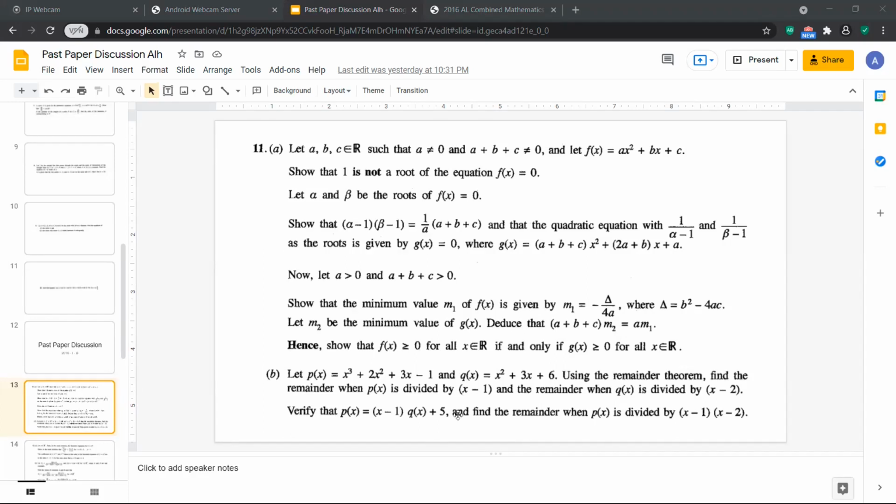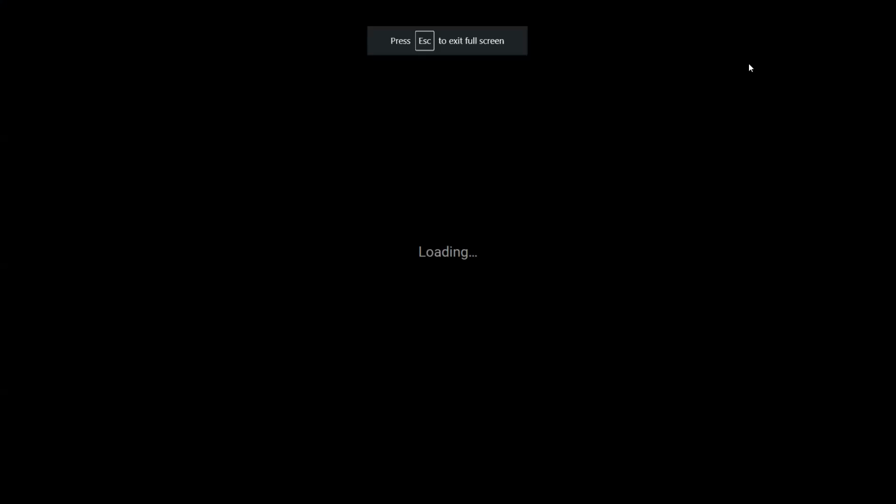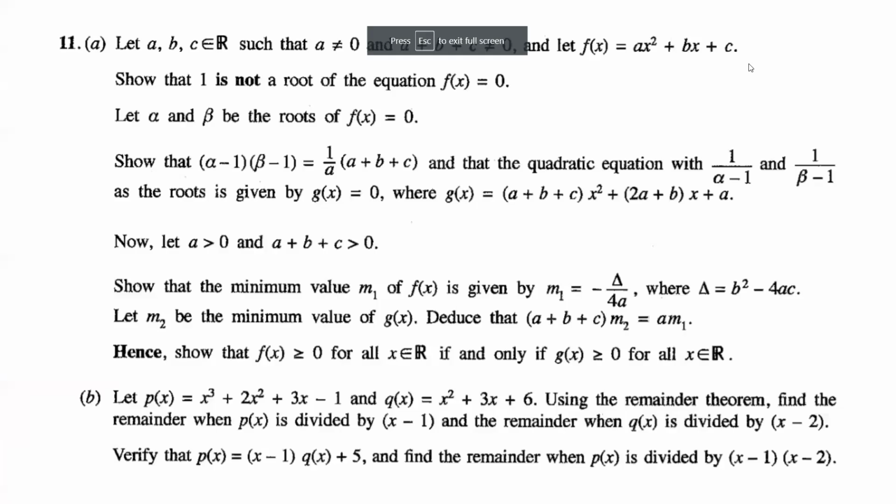Right. So the next part is hence show that fx is greater than or equal to 0 for all real numbers, if and only if gx is greater than 0. So how do we prove that? Any ideas? Show that fx is greater than or equal to 0 for all real numbers only if gx is greater than 0.